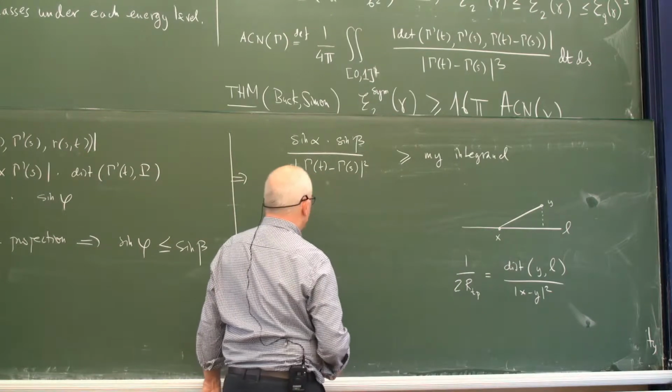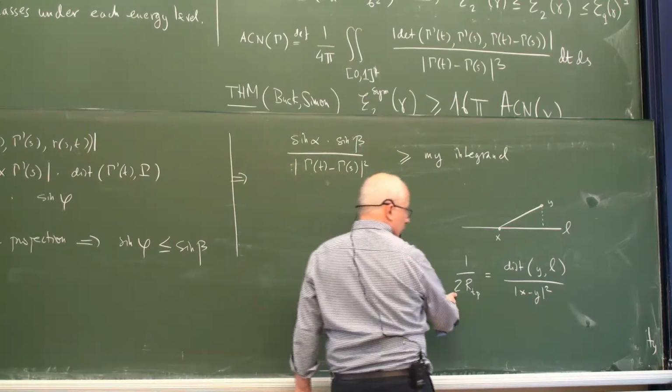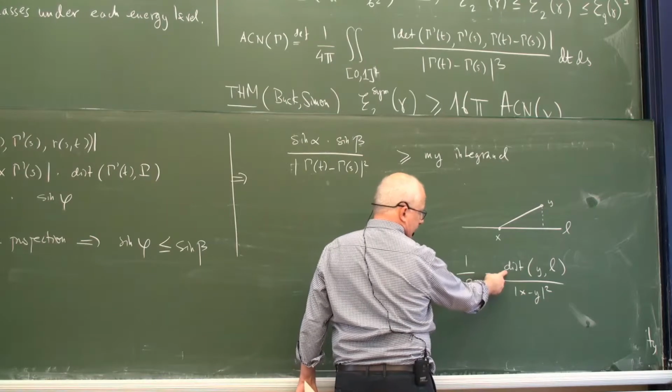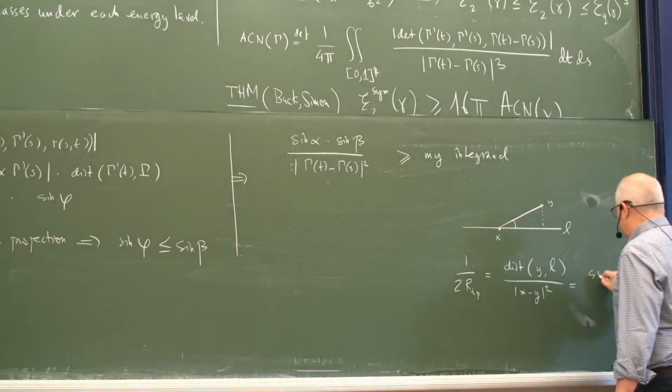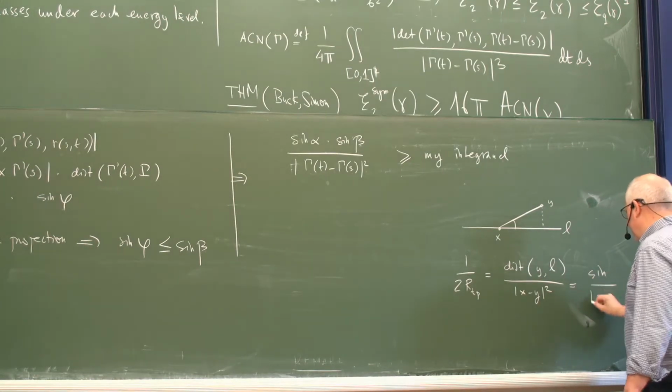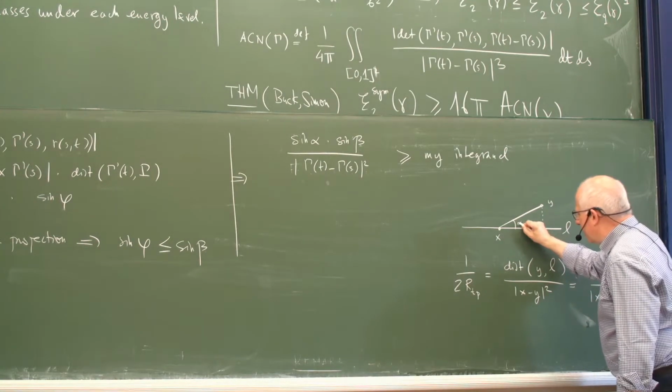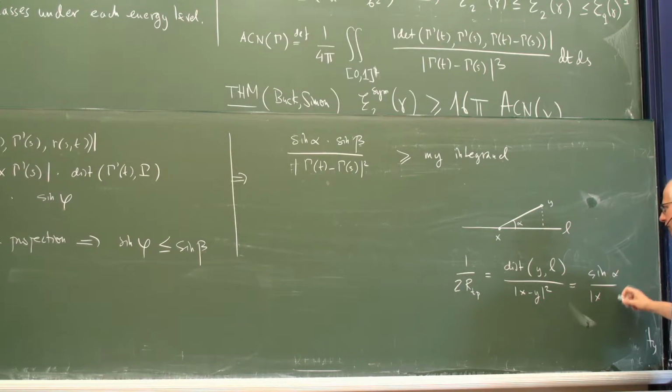Yeah, that was the formula. So this is like the sine of an angle divided, if this angle is alpha, this is sine of alpha divided by x minus 1.